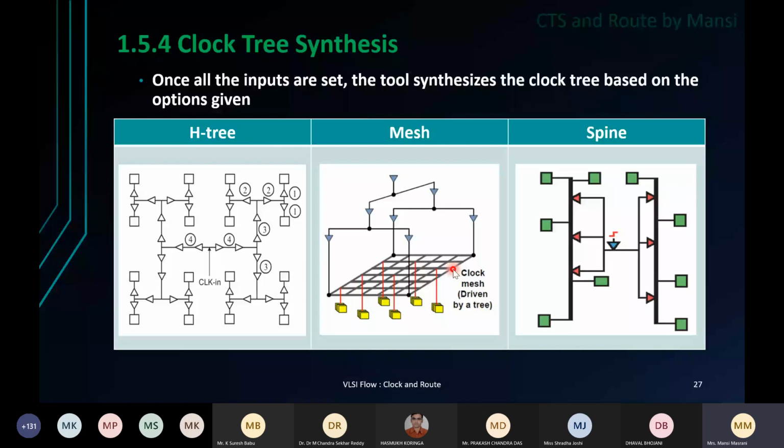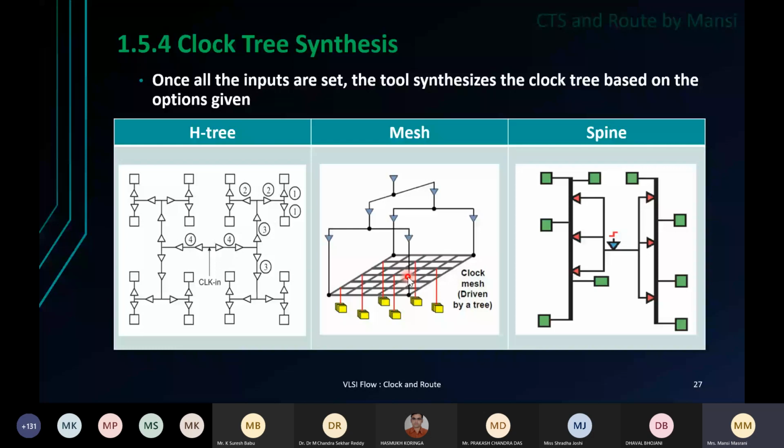What happens in mesh is, you have to understand one point, these are all global structures. Once it reaches this point, this is still a clock buffer. This is called the clock drop-off point. After this point, there will be a conventional detailed routing of clock happening till the clock pins of the flops. The same goes for mesh.